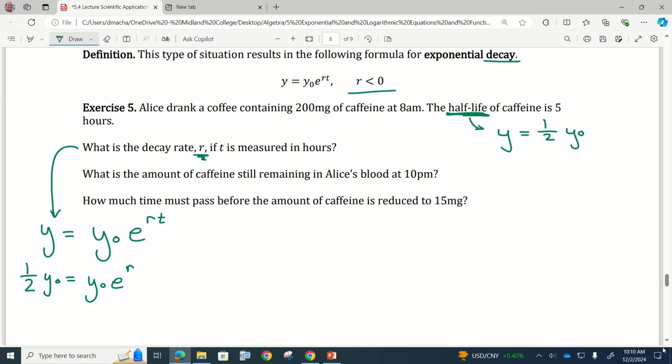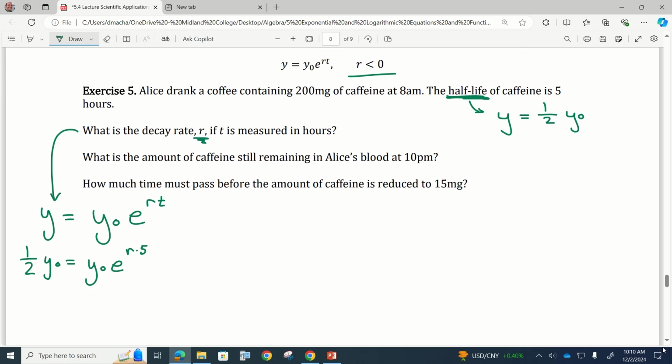And then the little t here is the amount of time it takes to halve the amount, and that was 5 hours. So I divide both sides by y0, and 1/2 equals e raised to the power 5r.